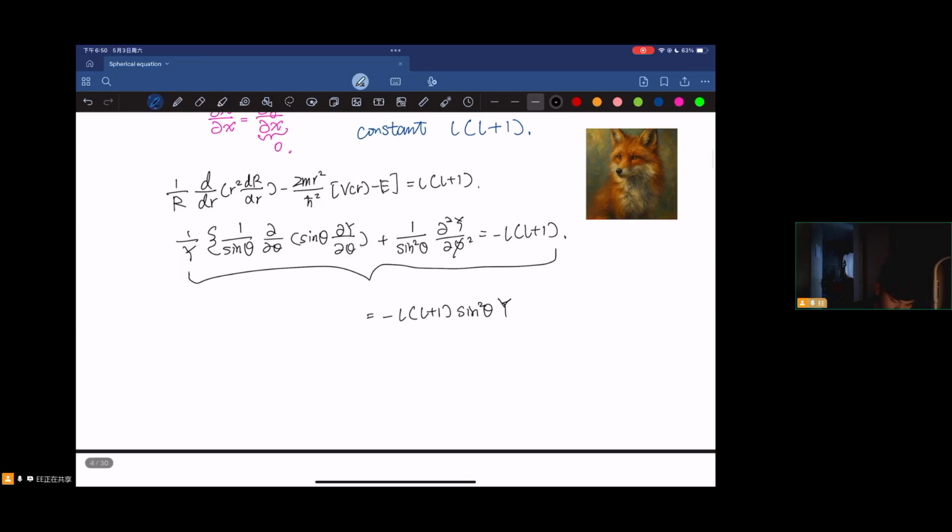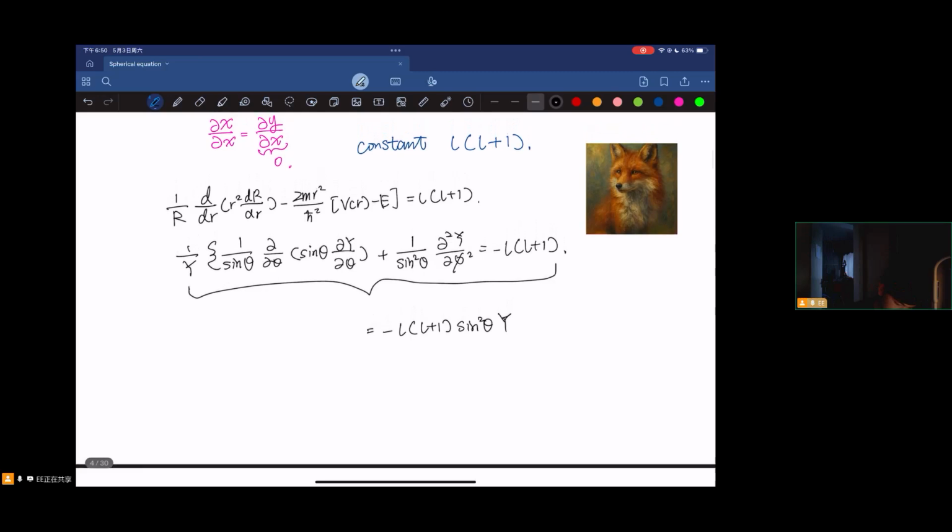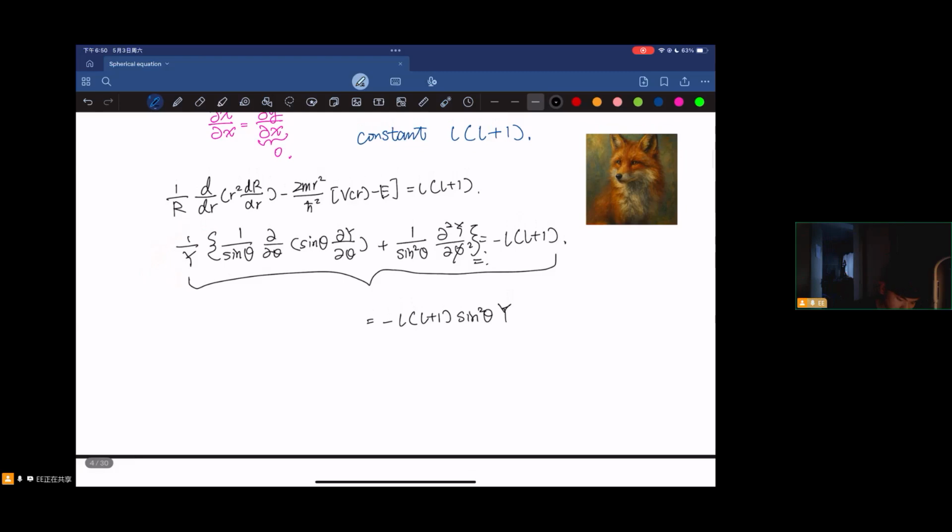Okay, that makes sense, because I missed one parenthesis here. Okay, so in the left side, this would cancel because I multiply by y. So the 1 over y just disappeared. And then I have this form.